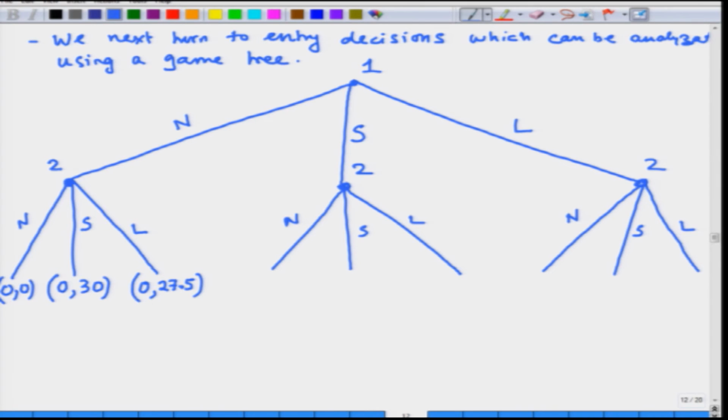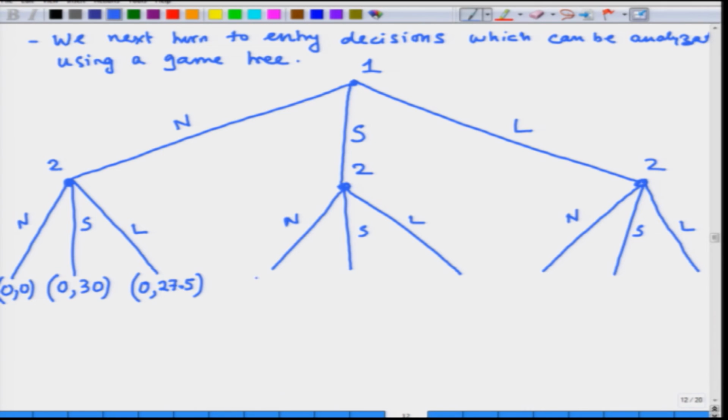Similarly, if firm 1 decides, so we just use a symmetric argument, firm 1 has decided to enter with a small capacity and firm 2 has decided to not enter at all, it is just the mirror image of what we have as 0,30.